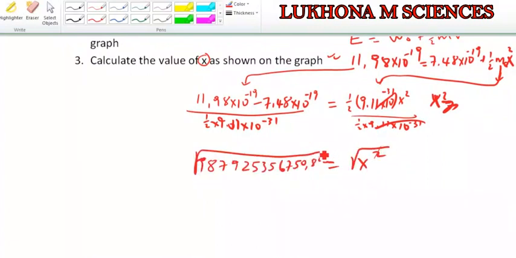We apply the square root on both sides, then x is equal to 944,34 meters per second.